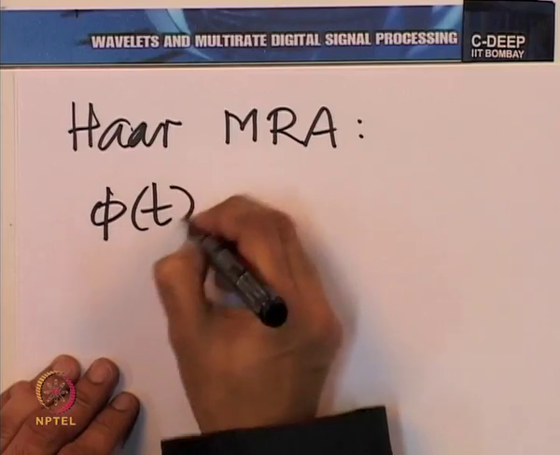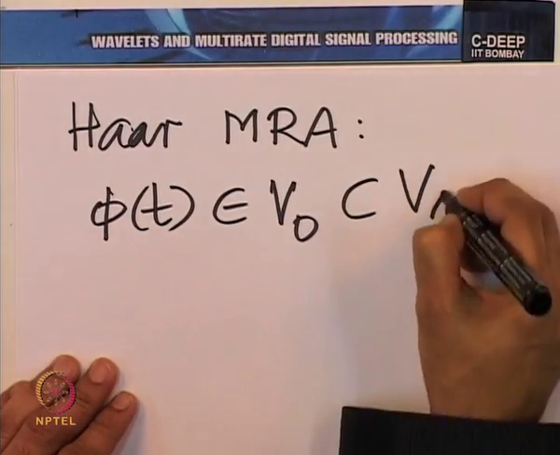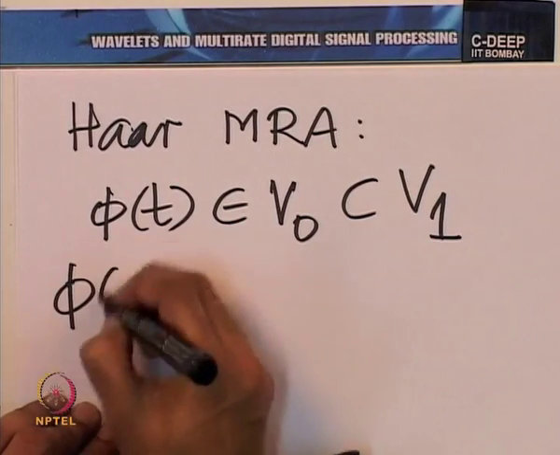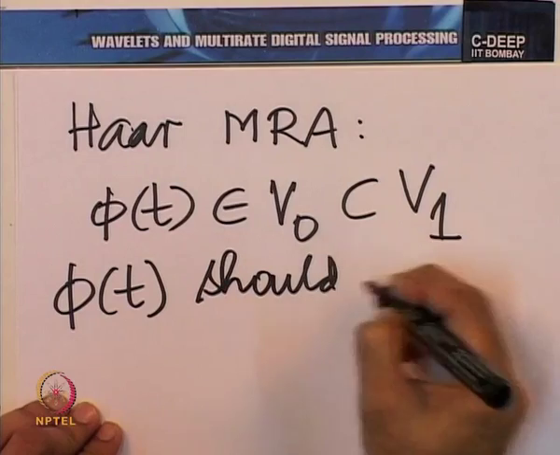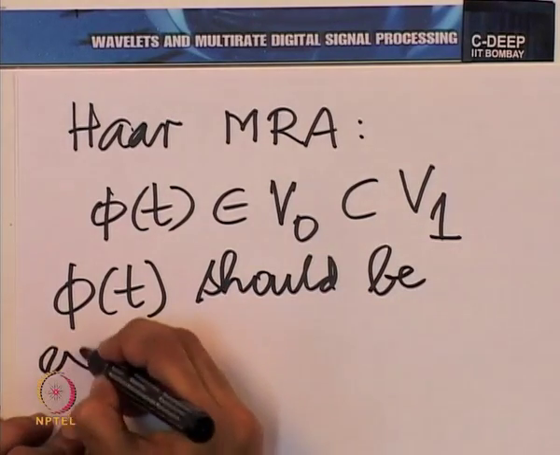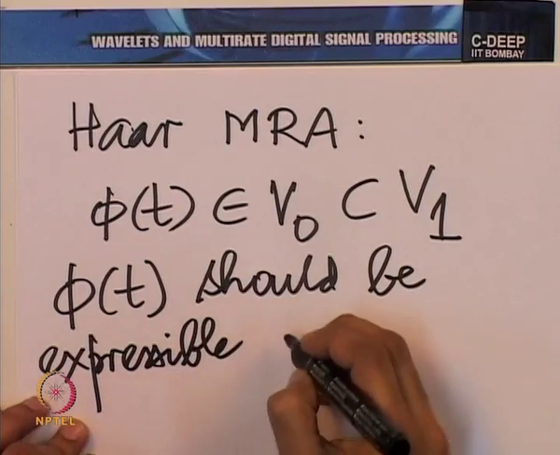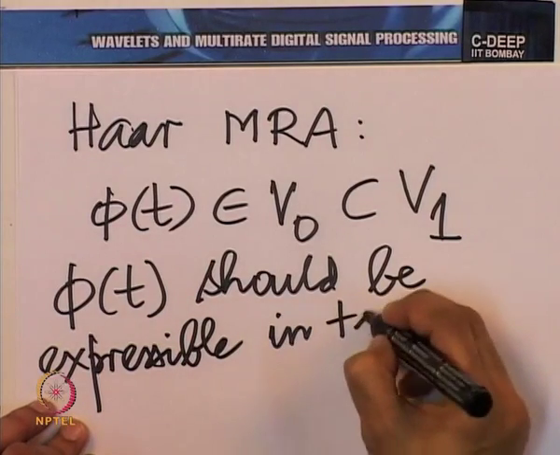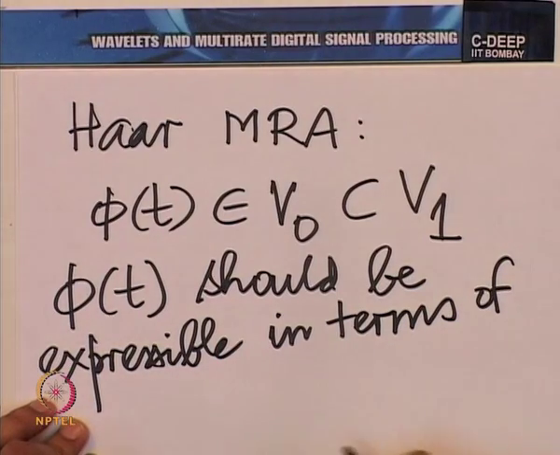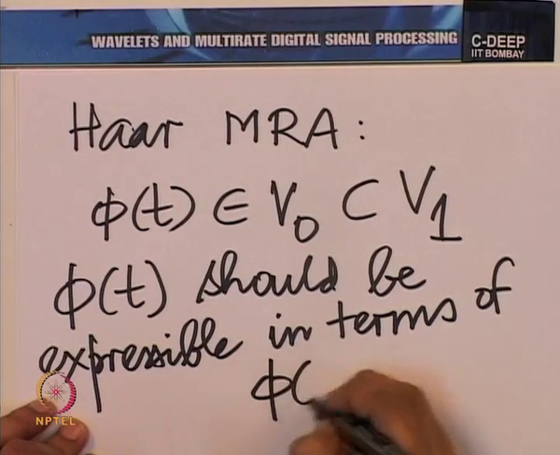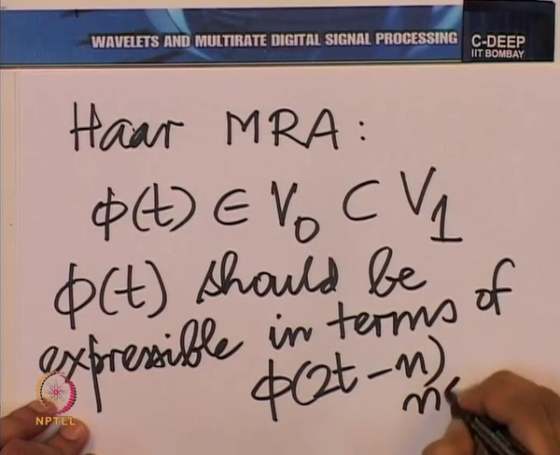Phi t belongs to V 0, which is a subspace of V 1. So, phi t should be expressible in terms of the basis of V 1. And what is that basis of V 1? It is phi 2 t minus n for integer n.